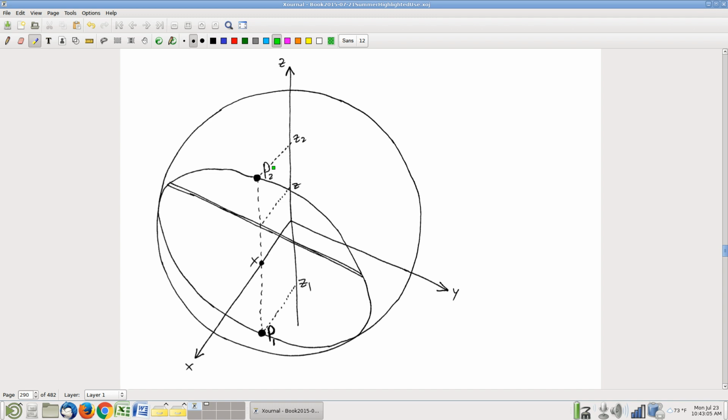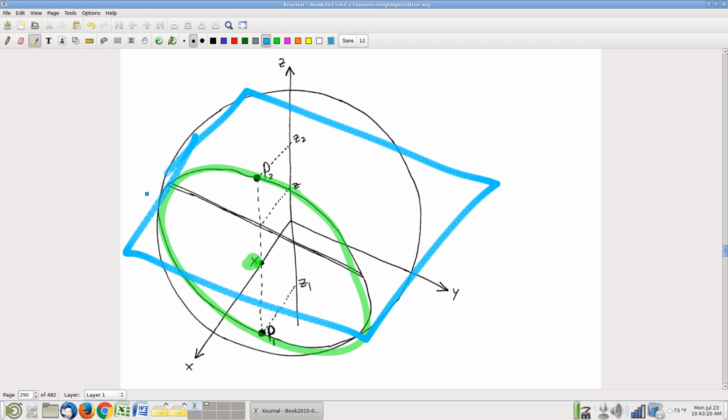On that x slice, with that value of x being fixed, I want to know the range of values of z. So now I appeal to your geometric intuition.